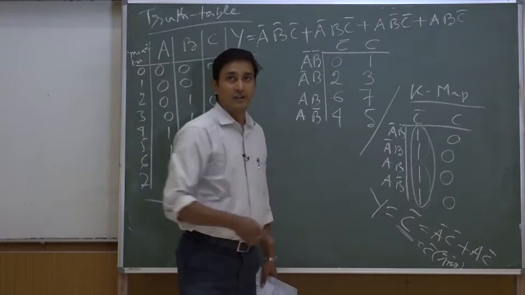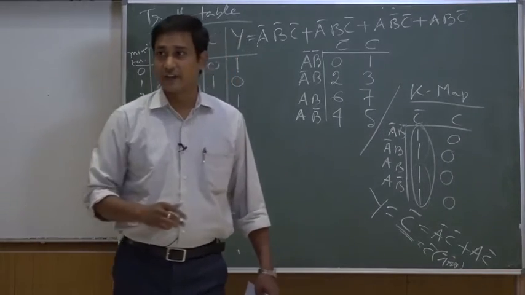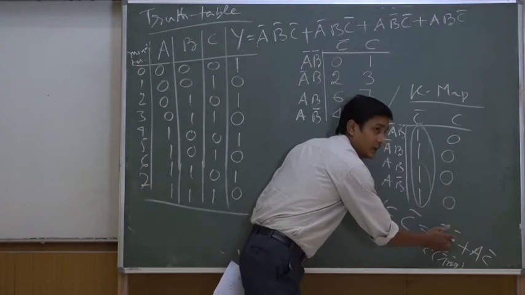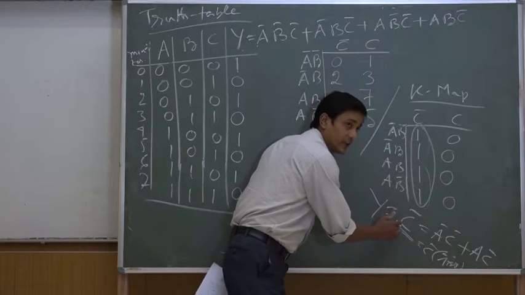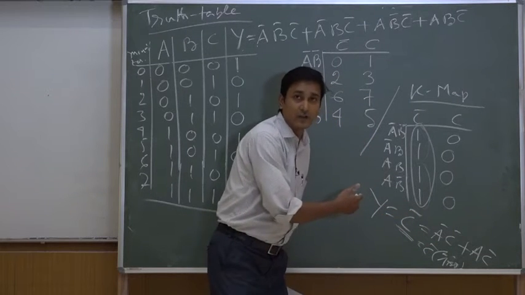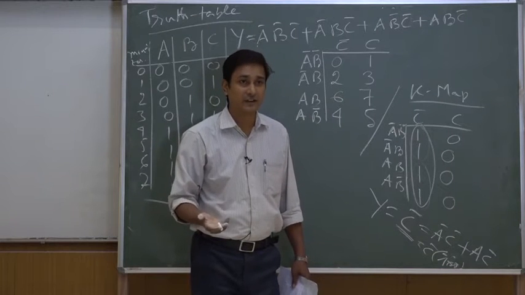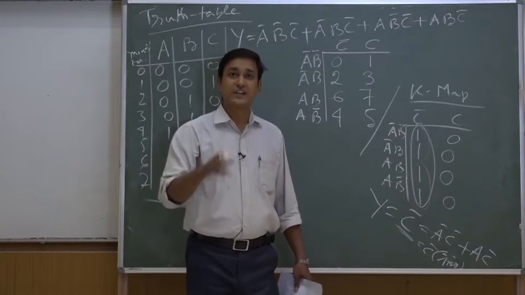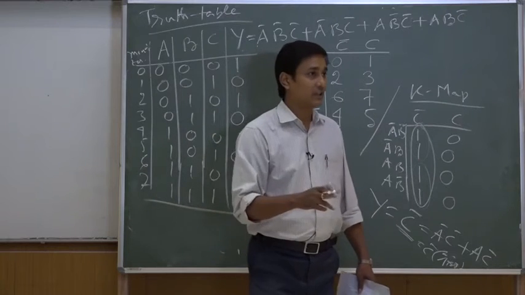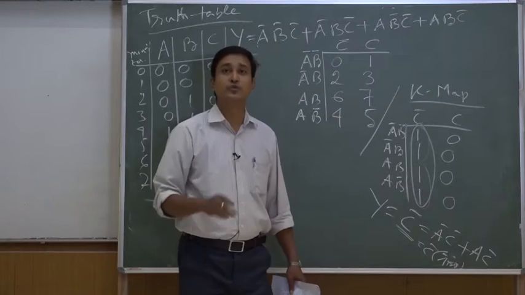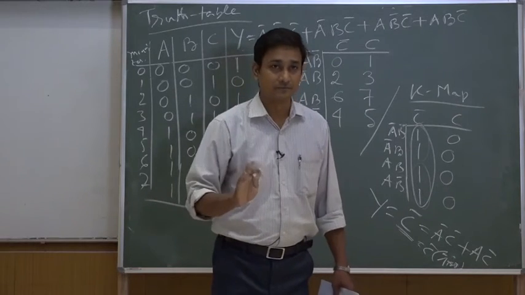So now the idea should come from here that I could write this way or that way, but I find this one efficient. What is the reason behind it? The reason is that you try to make the groups in such a way that all the ones are grouped and the group is as big as possible.